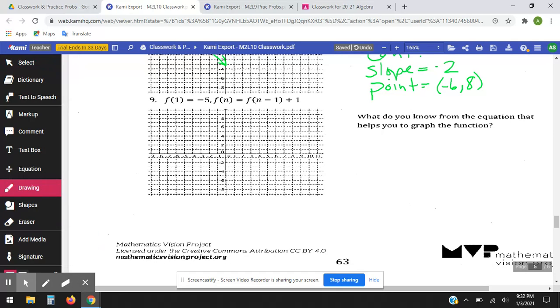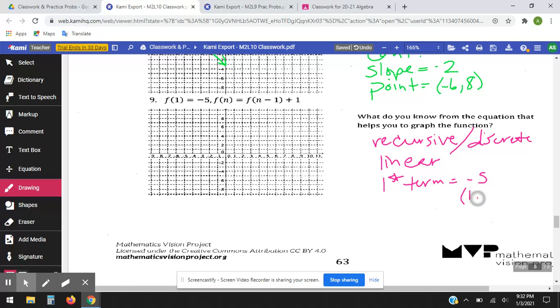All right, so this one, what do we know? Well, let's see. We know it's recursive, which means it's discrete. So I'm only going to have dots on here. I'm adding 1 each time, so that makes it linear. So I know my first term is negative 5, which means it's (1, -5).